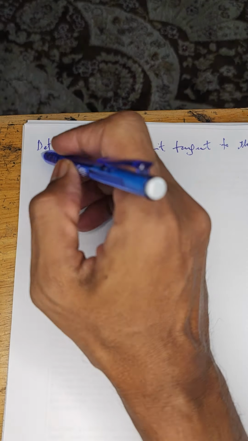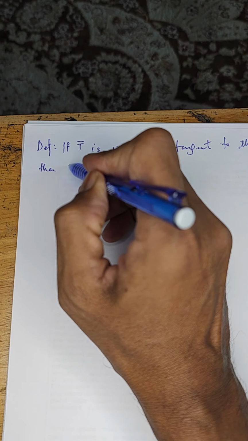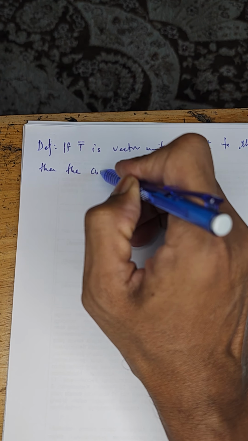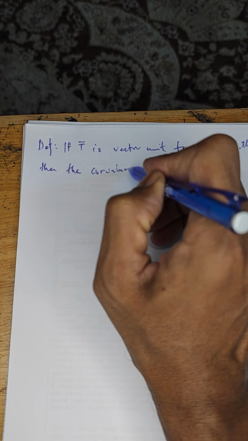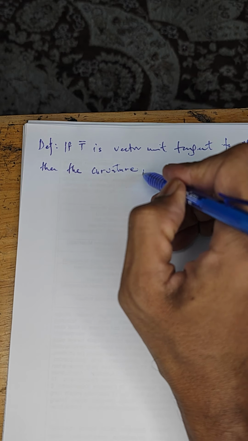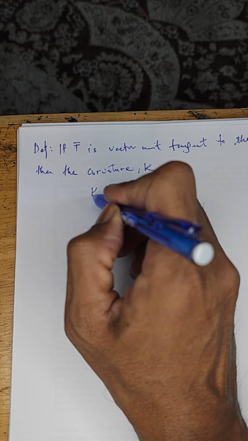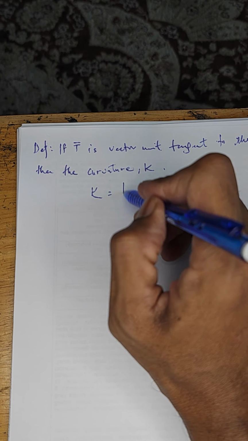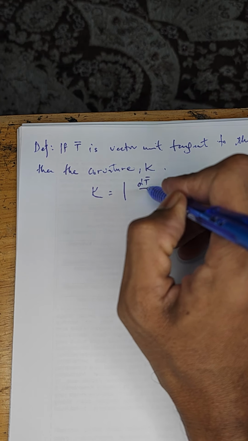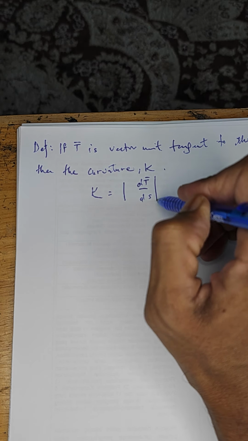Then the curvature kappa is given as kappa equal to the magnitude of dT over ds.